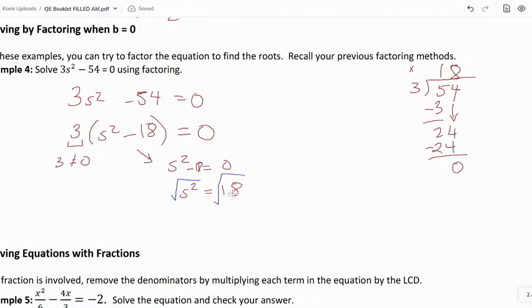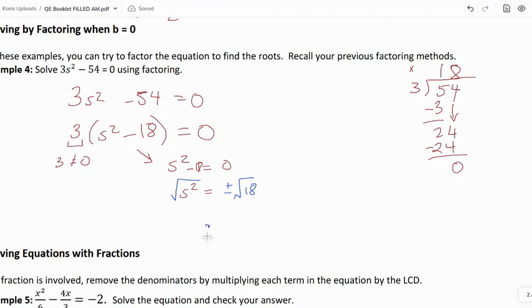And what did we just learn? When I take the square root of a variable, what do I write in front of the number? Plus, minus, positive, negative, right? So what is the square root of s squared? Well, it's positive negative root 18. And is 18 a perfect square? No, right? I can't take the square root of 18. It's not a whole number.